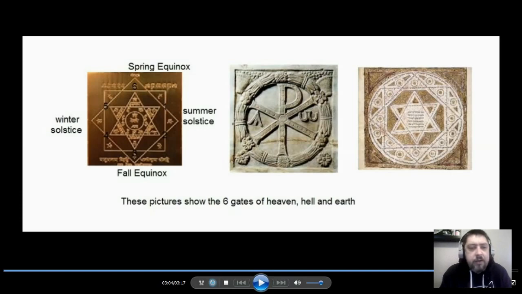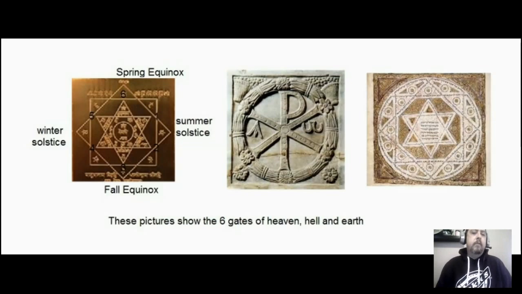Then you have July 14th, which is the Earth 1, sorry, Earth 1, Gate 2. But, so we're Gate 5, which is January 14th. And July 14th is Gate 2, which is Earth 1.